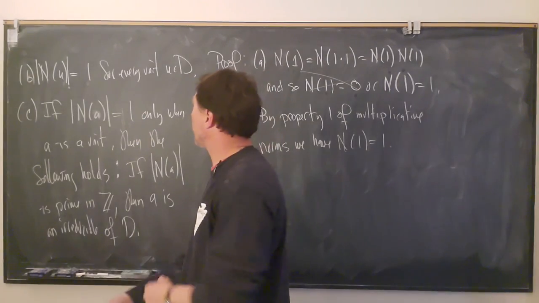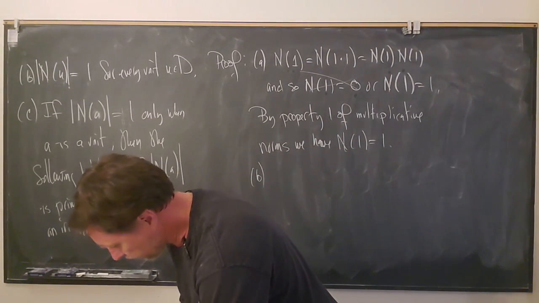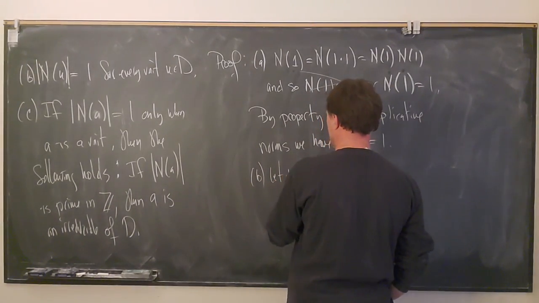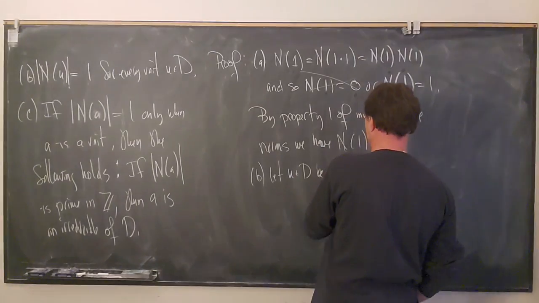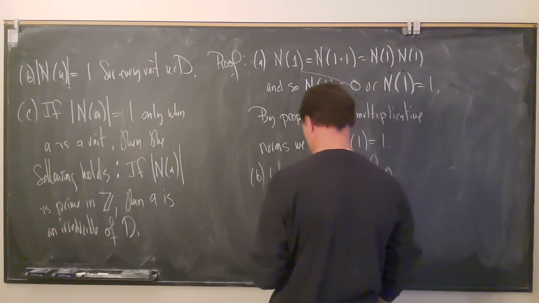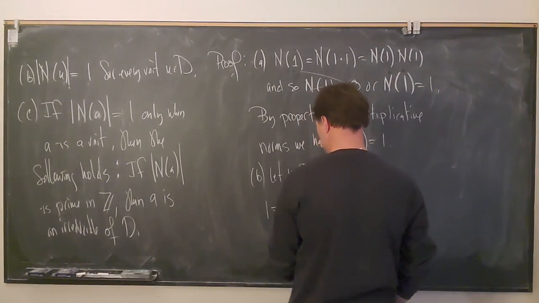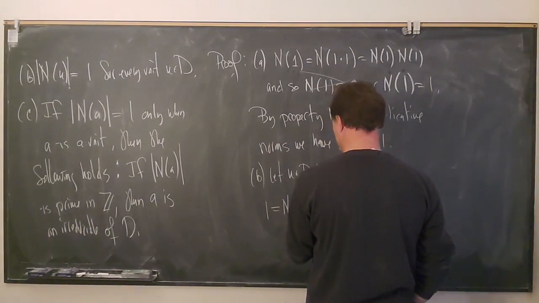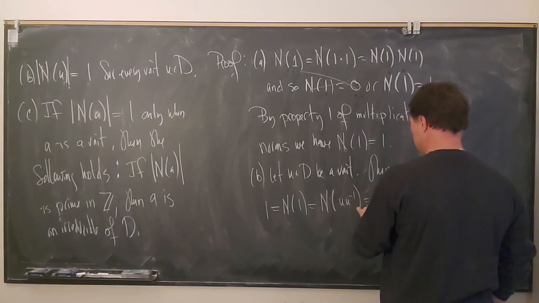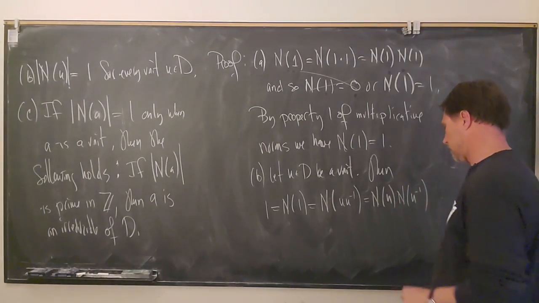Okay, so part B. Now we want to show that the absolute value of the norm of units has to be 1. So let U in D be a unit. Then what do we have here? 1 is equal to the norm of 1, which is equal to the norm of U times U inverse, which is equal to the norm of U times the norm of U inverse.